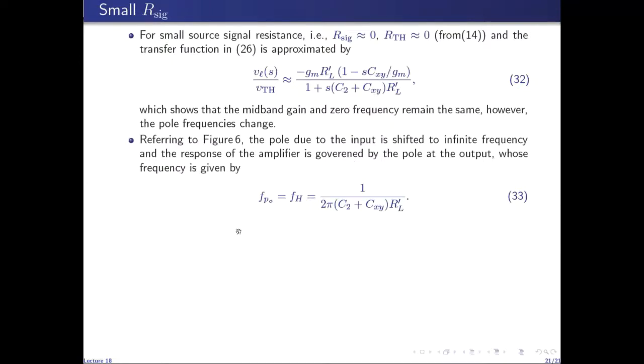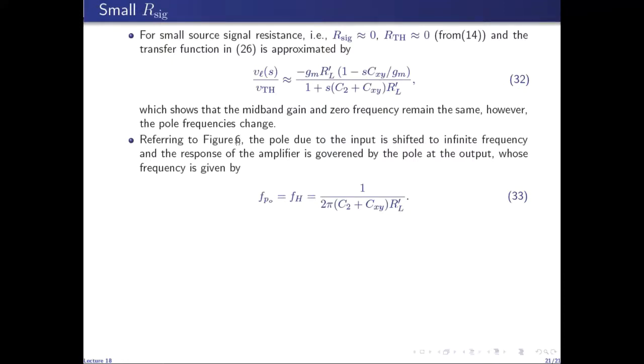Since there is only one pole frequency, this must be the cutoff frequency of the amplifier. So under this assumption that R sig is very small, the cutoff frequency of the circuit is given by this expression. It is determined by the open circuit time constant, by the capacitance C2 on the output side and RL prime.